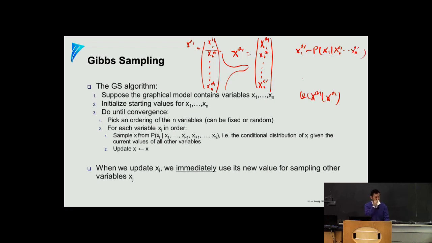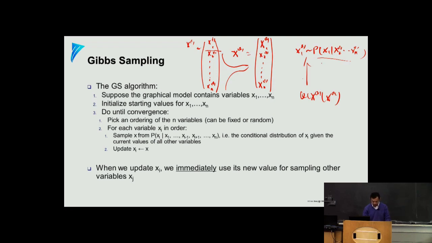So that's my proposal distribution. I'm going to sample the next example such that it differs from the previous one in only one dimension, and that dimension is sampled from a conditional distribution conditioning on all the other dimensions already sampled in the previous example.